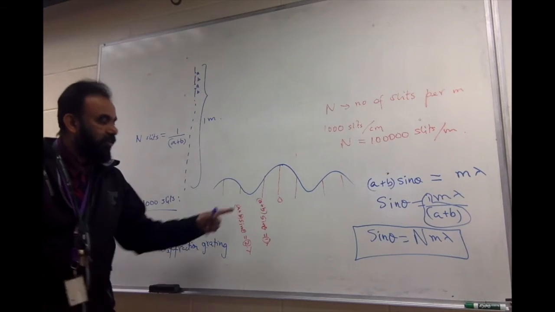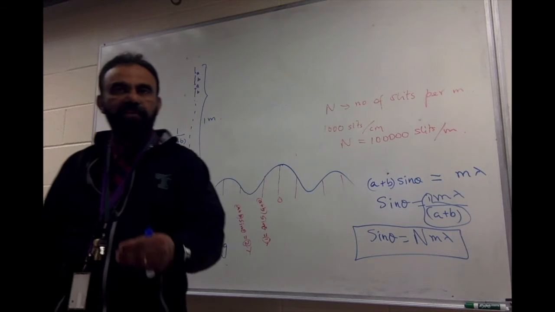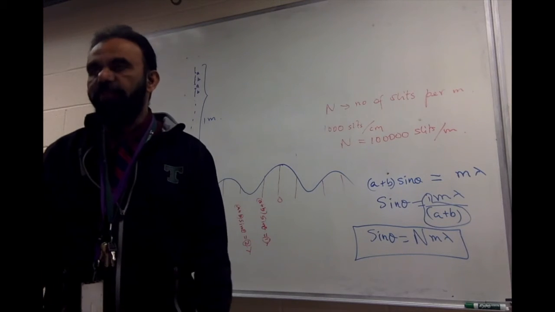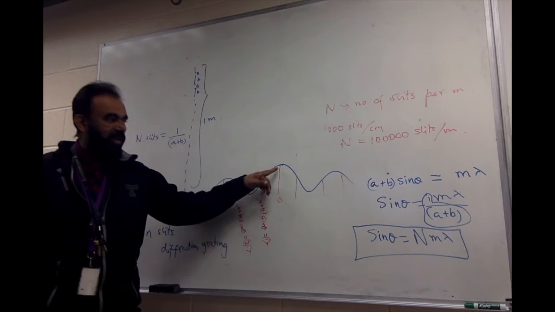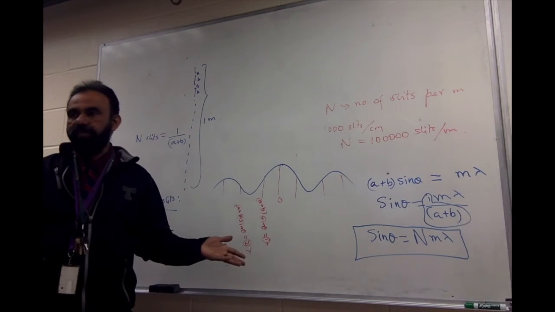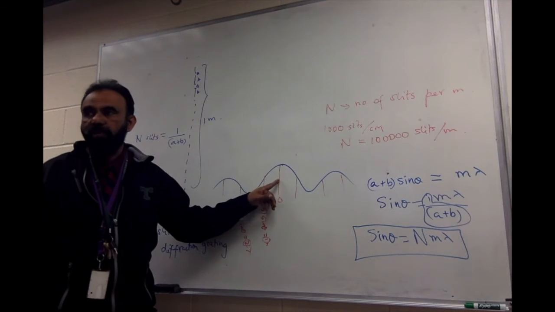Now what will happen if I use white light instead of red or green or blue? Right in the middle, you're going to get white, because all the colors will be right there.